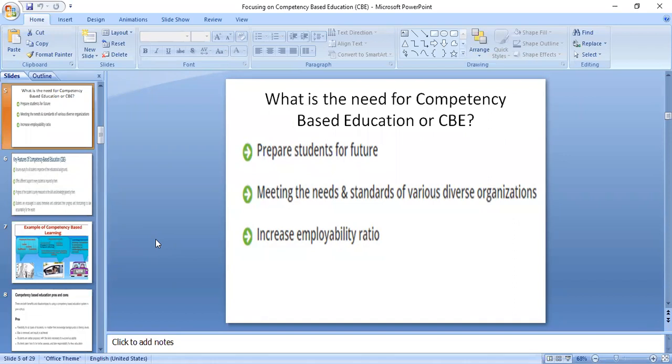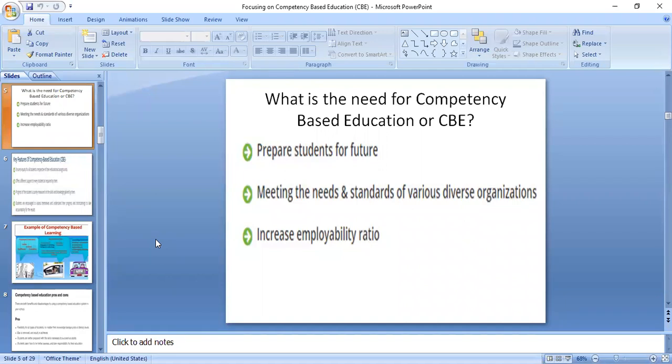In a classroom, students come from diverse backgrounds. We all know this. Some are from poor, some are from rich backgrounds, but their needs are very different and their standards are also very different. So as a teacher, we have to understand or recognize their abilities as well as weaknesses, and we should work on it as a facilitator.